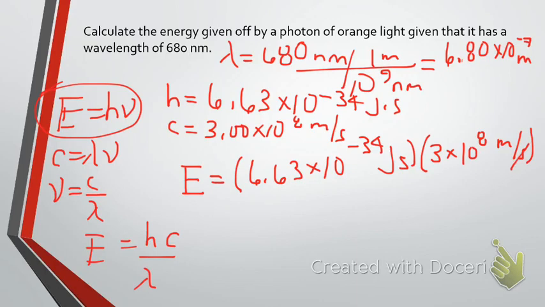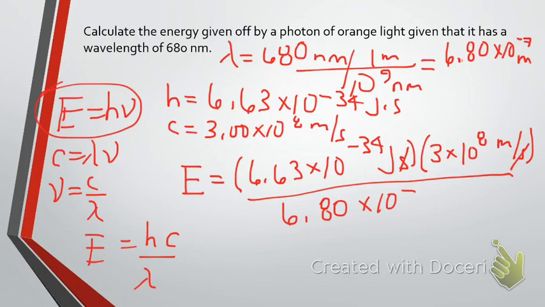Notice seconds cancel and seconds cancel. And we divide that by lambda in meters, which is 6.80 times 10 to the power minus 7 meters. We have meters on the bottom and meters on the top, so the only unit left is joules, which is an energy unit.